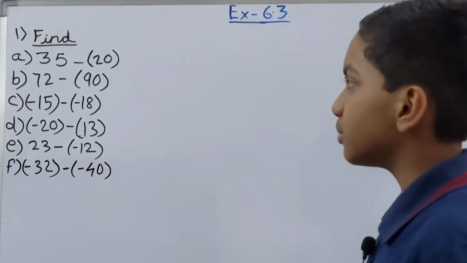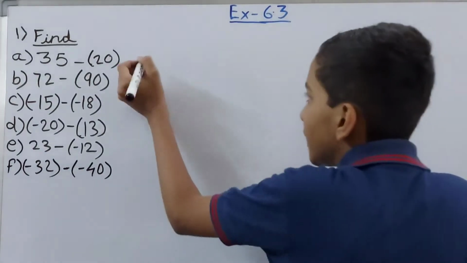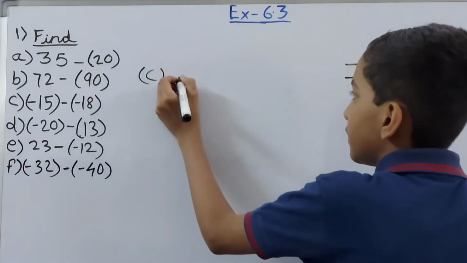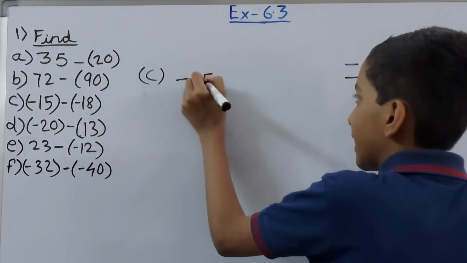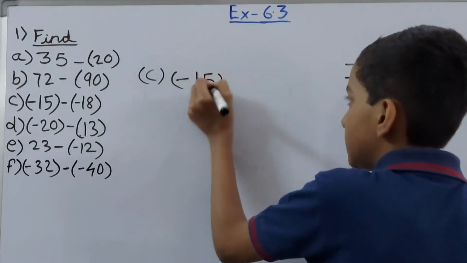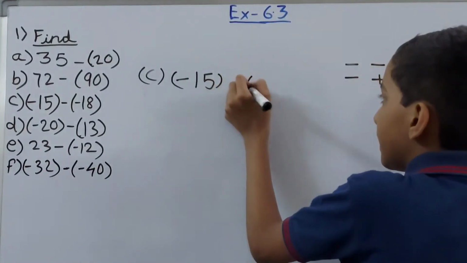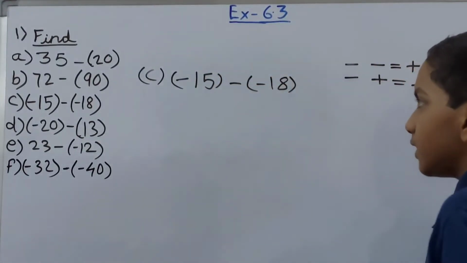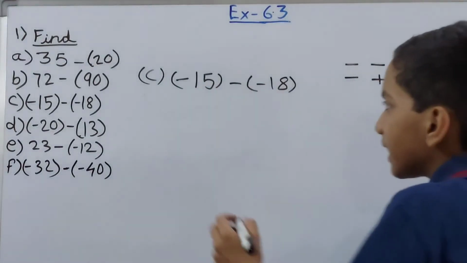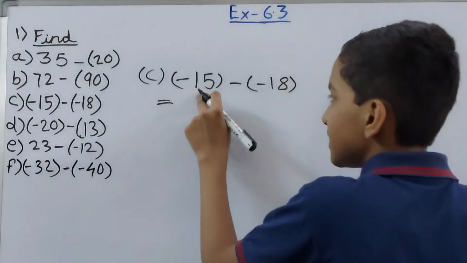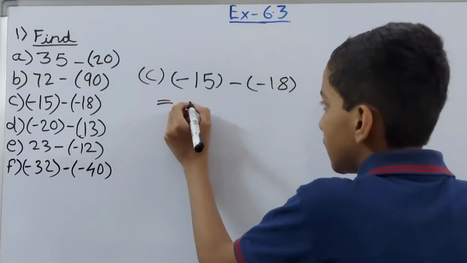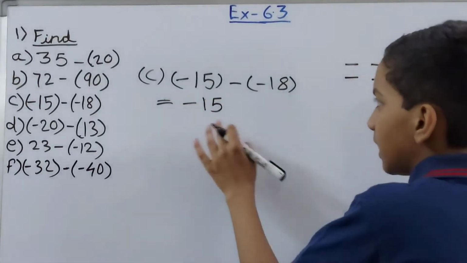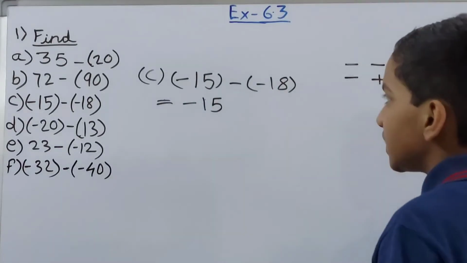Now friends, let us move on to solve the C question. So the C question here says minus 15 in brackets. We have minus 15 minus and then we have minus 18. Okay. So as you can see over here, we need to remove these brackets first of all. So first number, there is no need to change this, just we will remove the bracket from minus 15 and also we don't have to make any change in the sign.